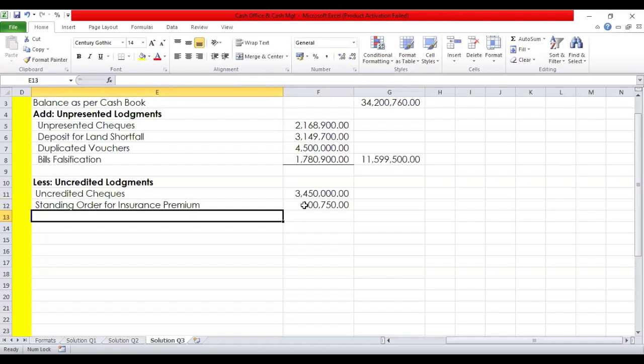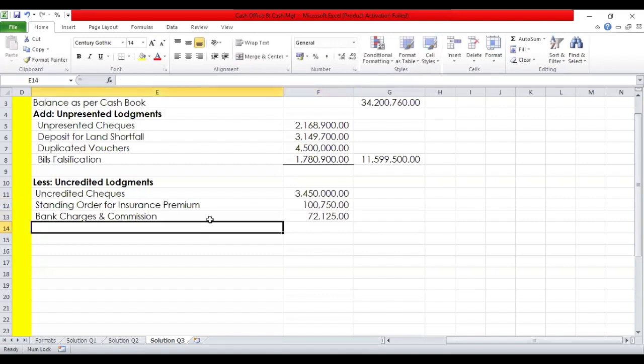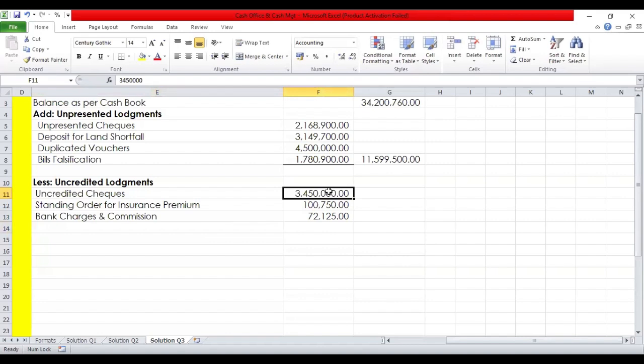Bank charges and commission. How much is that? 72,125. Any other one? That is all.